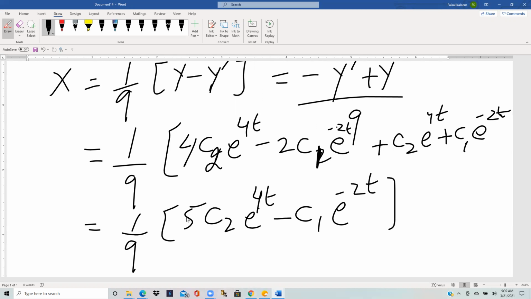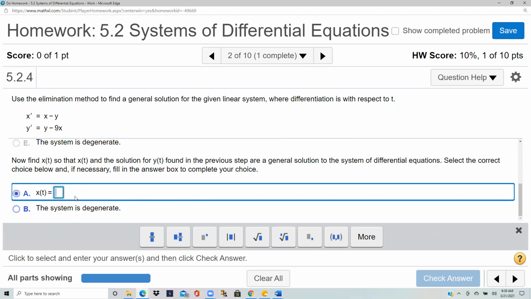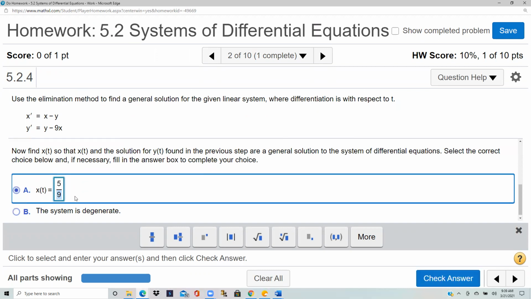So I can split it up: 5 over 9 c2 e to the 4t, and what was the other one?